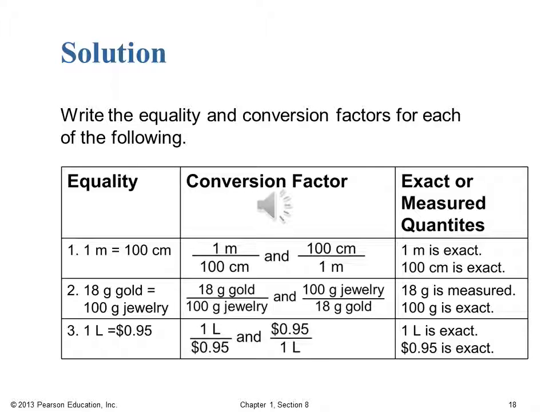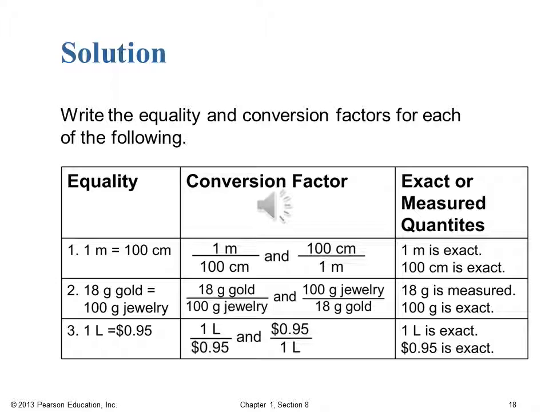Okay, so hopefully you had relatively little trouble writing these equalities and conversion factors. For number 1, 1 meter equals 100 centimeters, and that would have the meter in the numerator and the 100 centimeters in the denominator, or alternatively the 100 centimeters in the numerator and the 1 meter down in the denominator. And since they're based on conversions within the metric system, we expect the 1 meter and the 100 centimeters to be exact values.